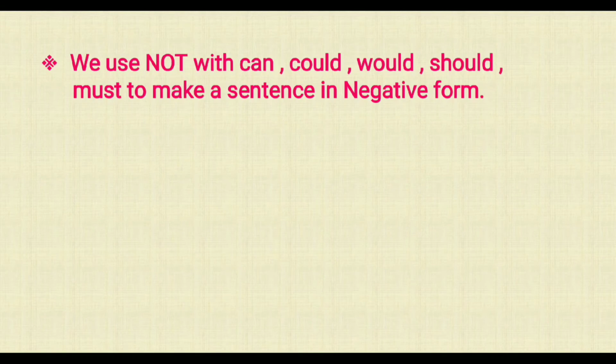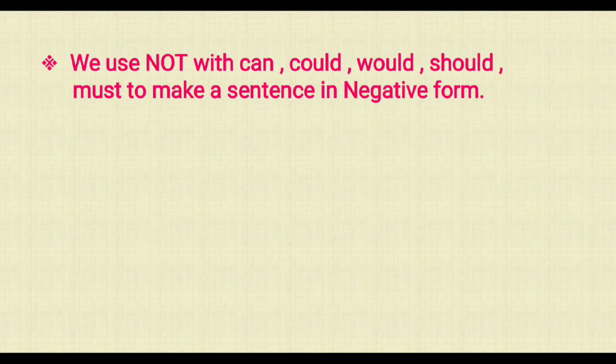Let's move on. Some verbs are extra verbs: can, could, would, should, must. When this type of verb is in the sentence and we want to make the sentence negative, what can we do? As simple as that, we use only "not" with them. If there is "can" in the sentence, we use "not" with it.